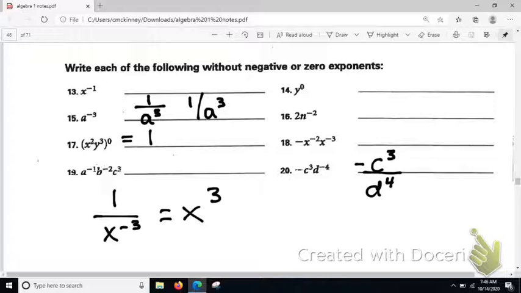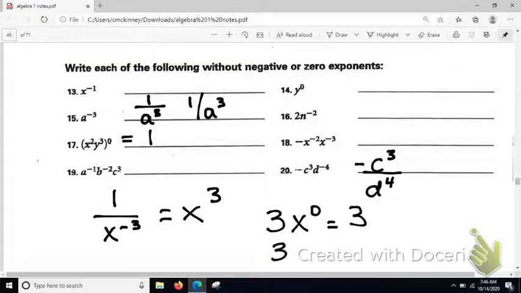Now, again, that doesn't apply to everything. You might have something like 3x to the 0. Well, that's not in parentheses. So the x to the 0 power, it's only the x that's to the 0 power. So this would just be 3 because it's the same as 3 times 1.